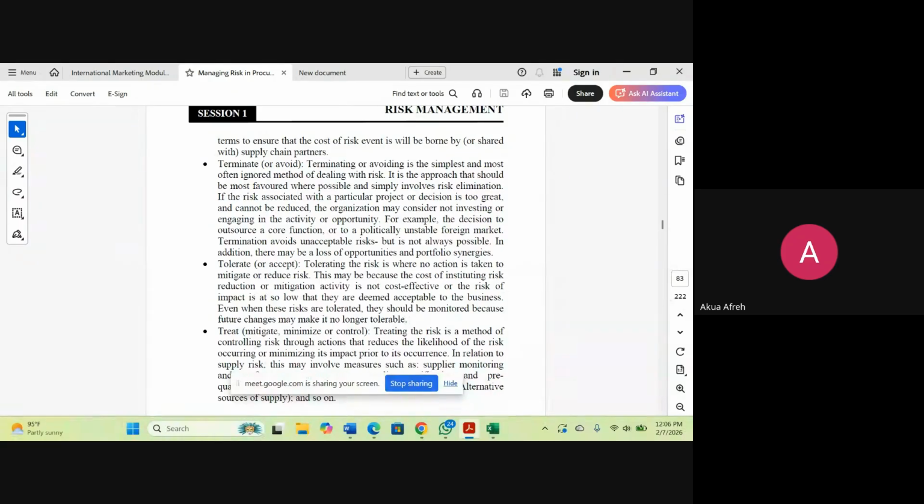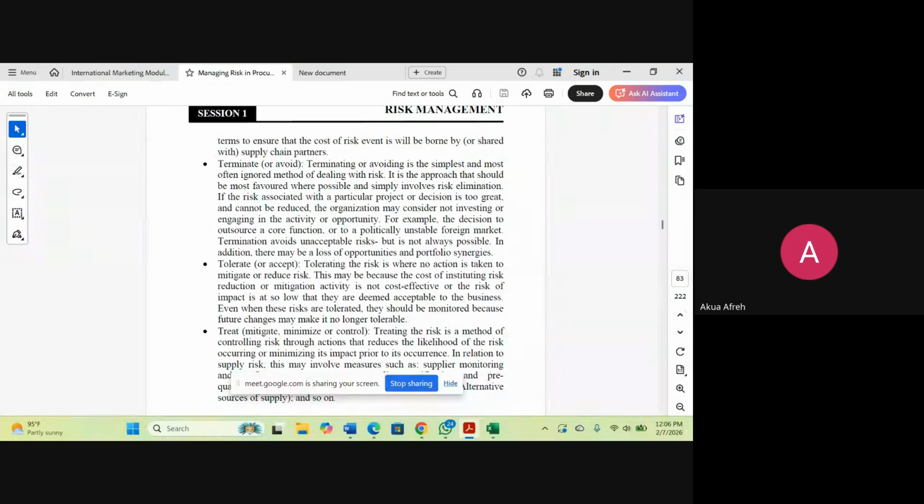So here we are saying that with this type of risk, it is a no-go area. It's something that you don't even want to consider. And termination, though a powerful tool, has its own cost, because sometimes you may lose opportunities, because we know that with risk, the end results can be positive or negative.